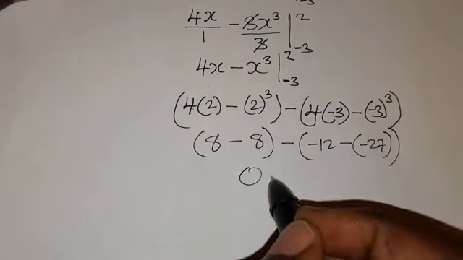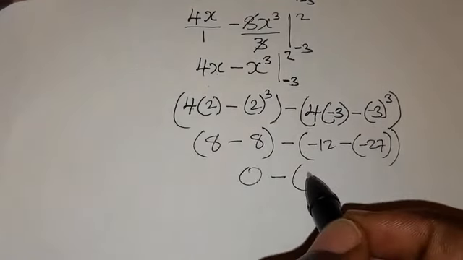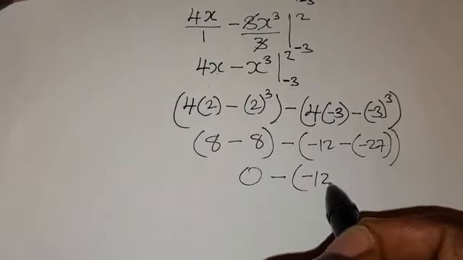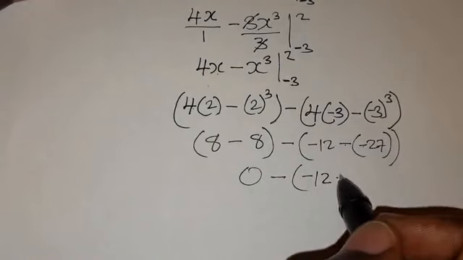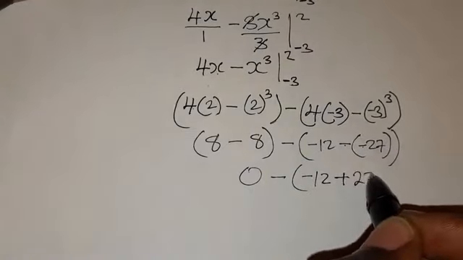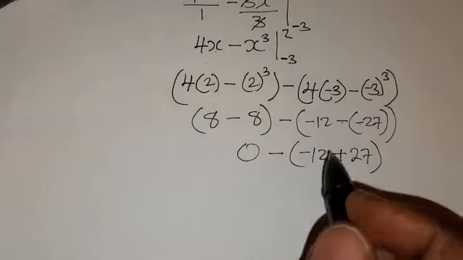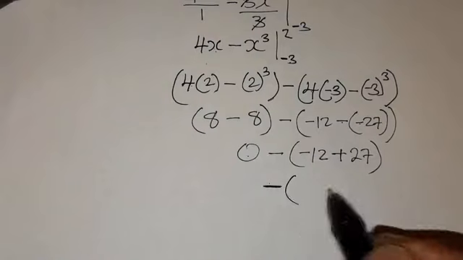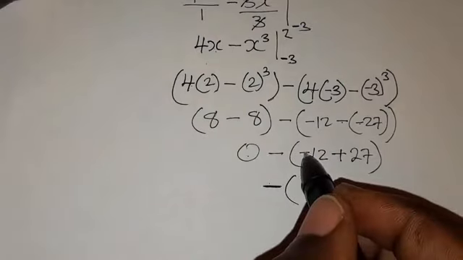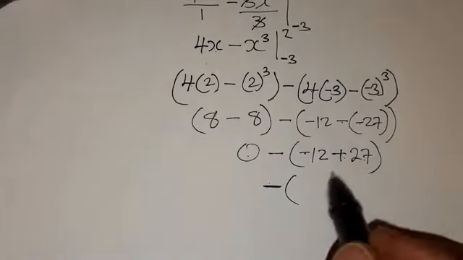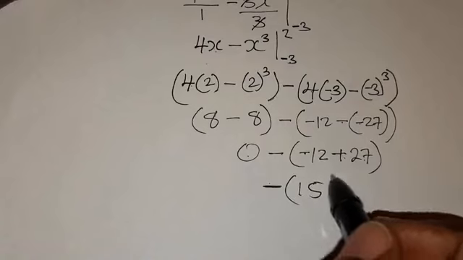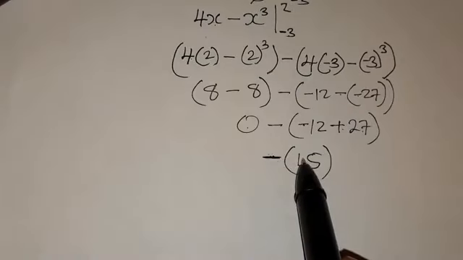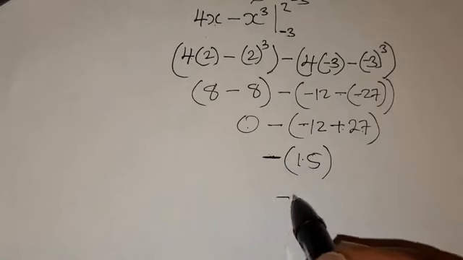You have 0 minus -12, and negative times negative is positive, so +27. Because the first part is 0, we remain with -12 plus 27, which is +15. So a negative times +15 is -15.